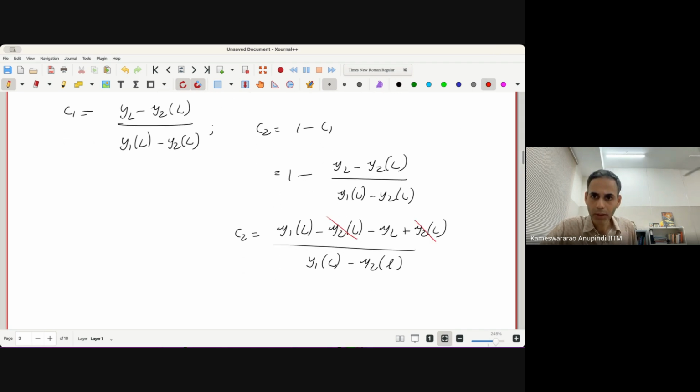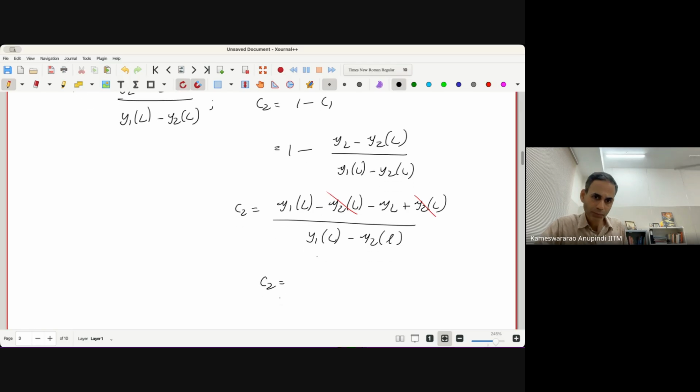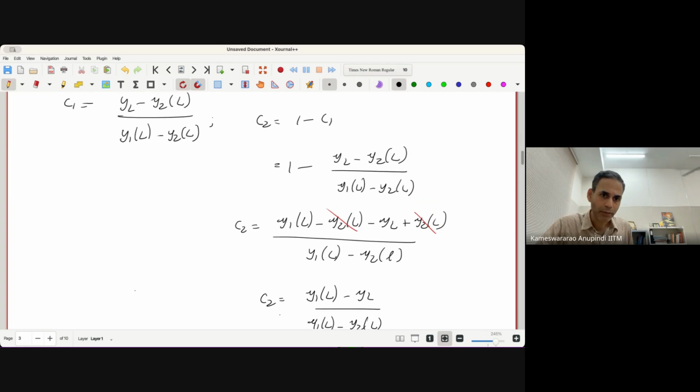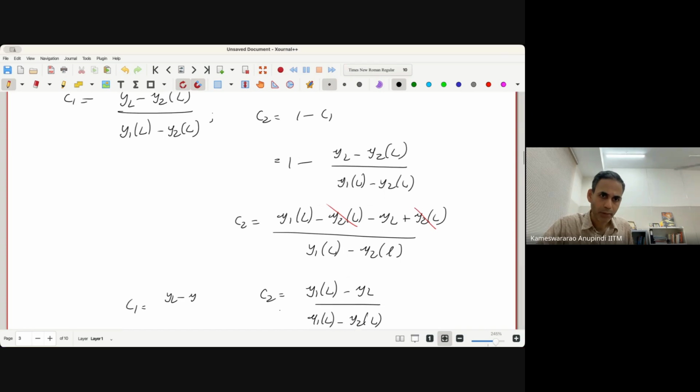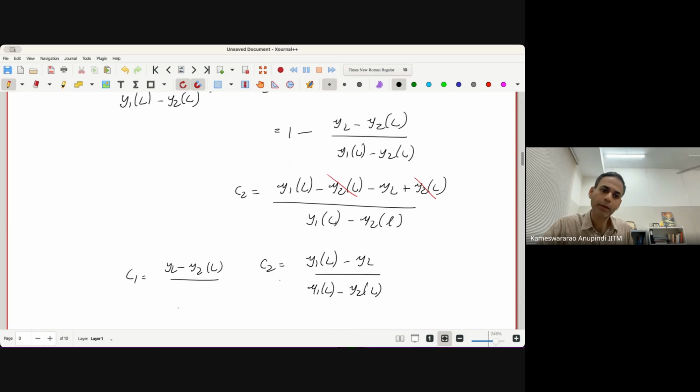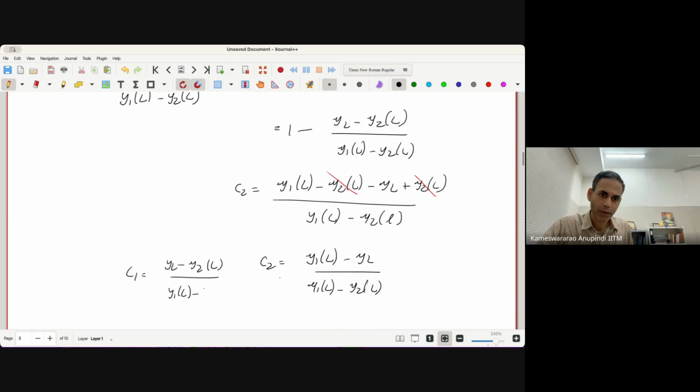Now minus y2 of L plus y2 of L gets cancelled. So my C2 is equal to y1 of L minus yL divided by y1 of L minus y2 of L. Okay. So I have now both my C1, C2 values. C1 was yL minus y2 of L divided by y1 of L minus y2 of L. And C2 is y1 of L minus yL by y1 of L minus y2 of L.